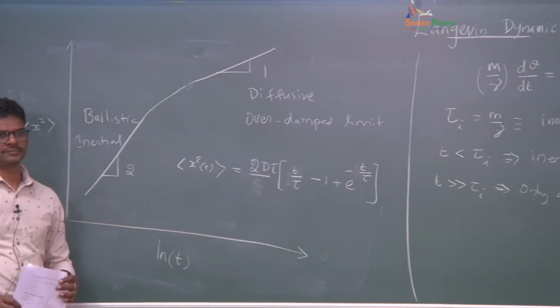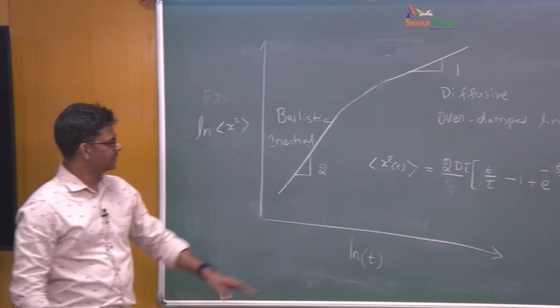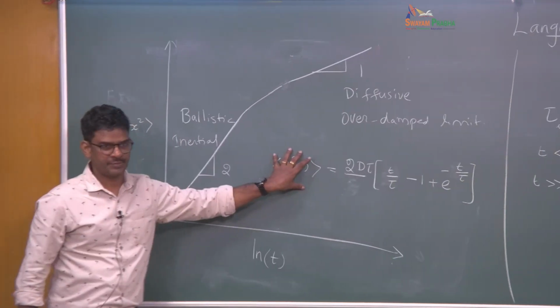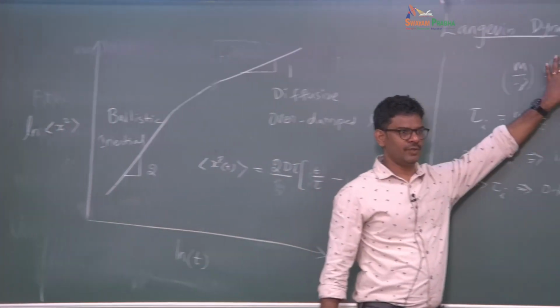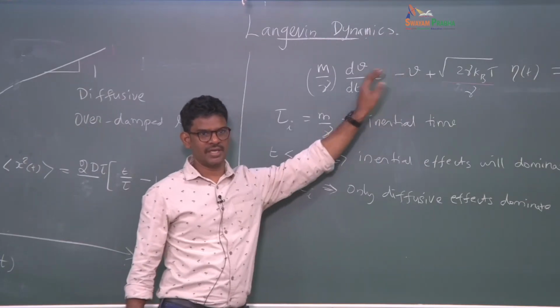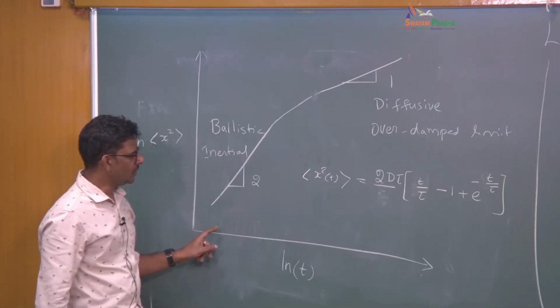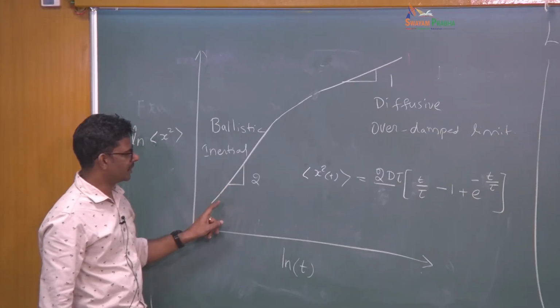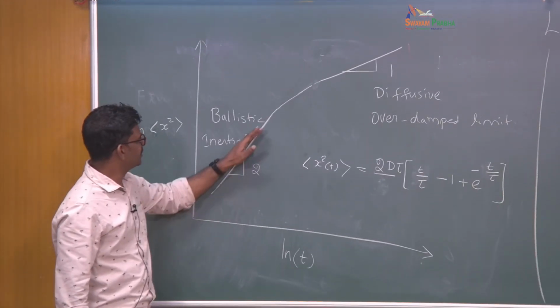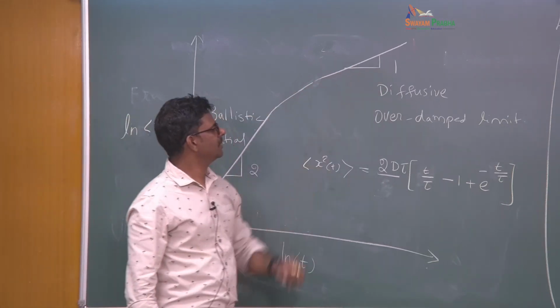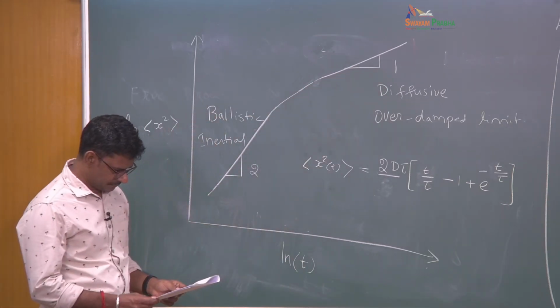This is the analytical result for the mean square displacement when you analytically solve this full equation. If you plot this function, you see a ballistic regime, and then subsequently it goes to a diffusive regime.